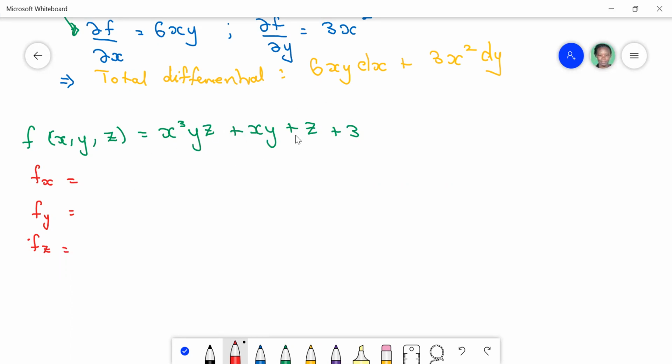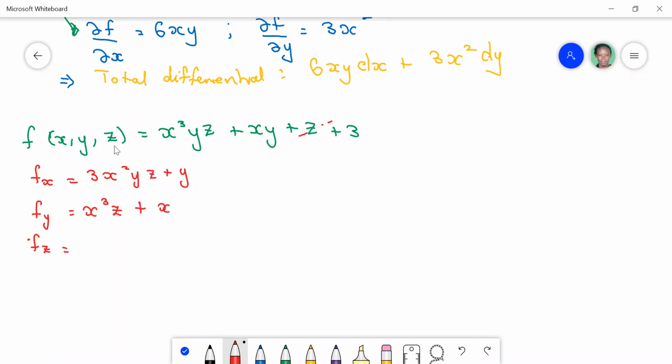In doing this with respect to x, what do I have? I have 3x²yz plus, this gives me y. This is a constant, so it goes to 0. This is also a constant, so that goes to 0 because we are differentiating with respect to x. Then with respect to y, if I differentiate this part with respect to y, I have x³z plus x, and this goes to 0.